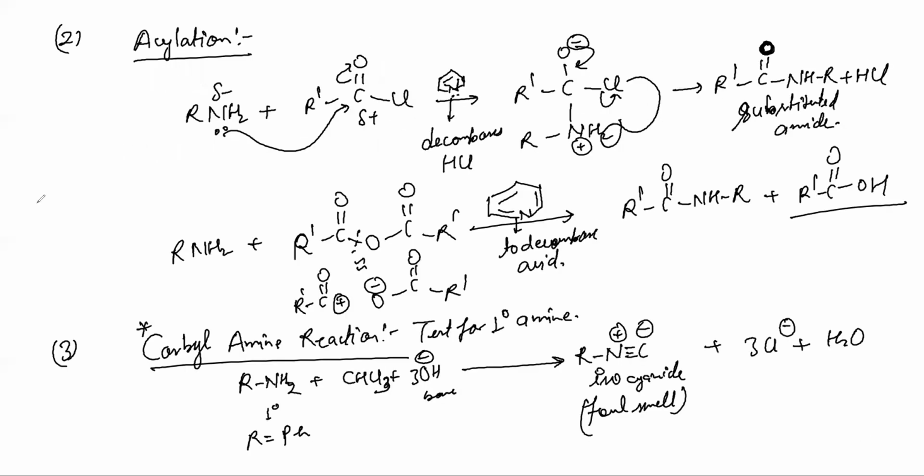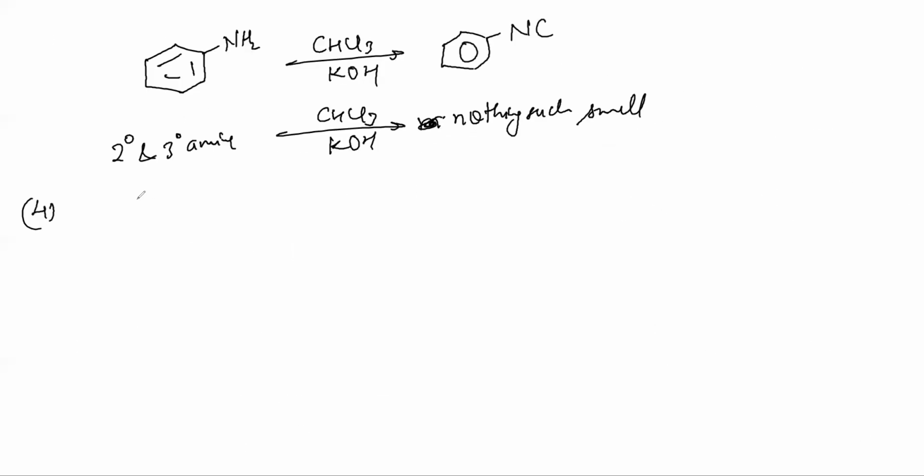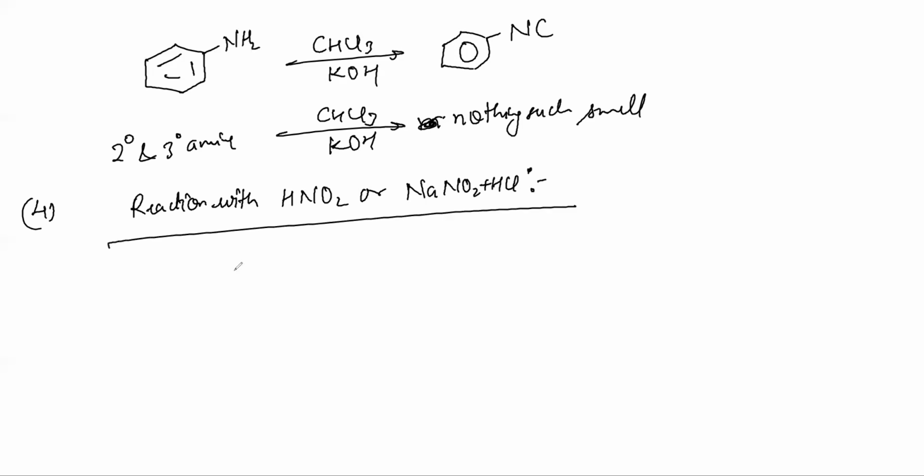Fourth. Now this fourth we already know. Reaction with HNO2 or NaNO2/HCl. If you have RNH2, you treat it with HNO2. If you want, you can keep the temperature 0 to 5.